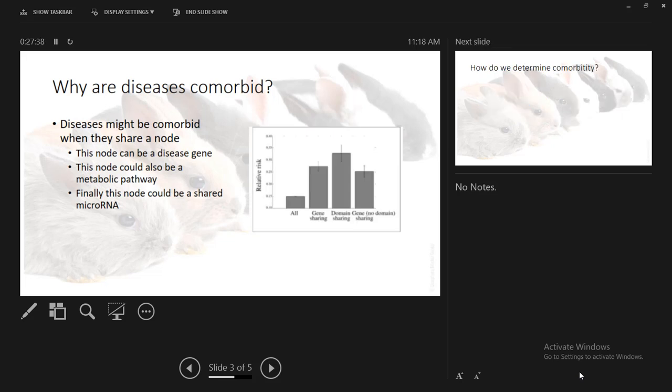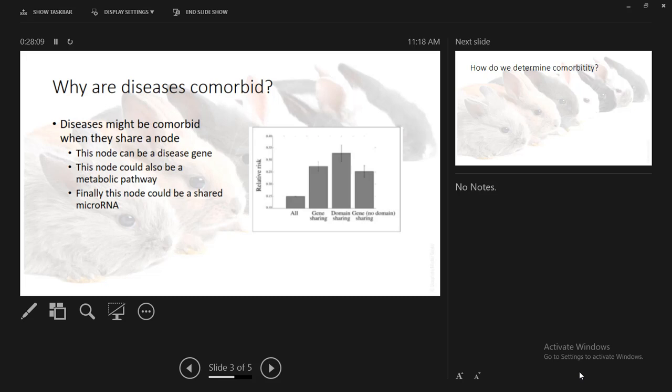And then here are some data from the text, and I thought this was a nice little diagram. And so here is a representation of all comorbid diseases. So if you take all comorbid diseases together, like every comorbid disease that we found, doing a phenotypic disease map or a phenotypic disease network, all comorbid diseases together, okay?